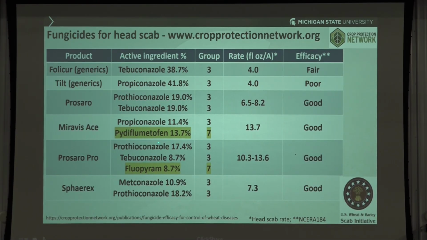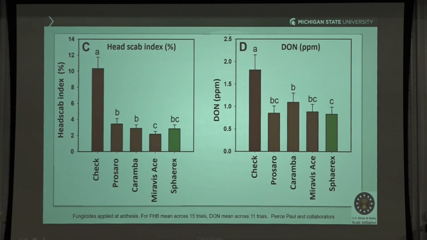We do have a couple of products, Miravis Ace and Prosaro Pro, that include a different mode of action. And so partly that may help mitigate fungicide resistance development. But the more important thing is how often we are exposing these different pathogens and diseases to these chemistries. In short, this is what we've seen. These newer products are performing at least equivalent, if not better, than the old products such as Caramba and Prosaro.